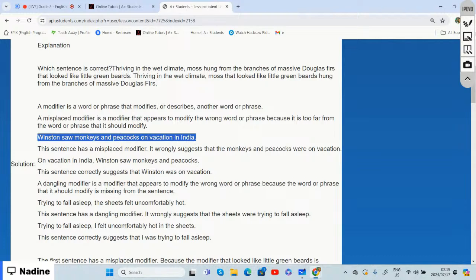And now we have a dangling modifier. And a dangling modifier is a modifier that appears to modify the wrong word or phrase because the word or the phrase that it should modify is missing from the sentence.